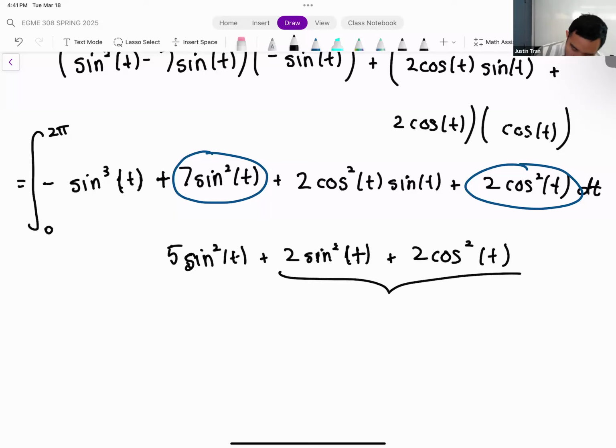Okay. We know one of the most famous trig identities, the one that's my favorite, the one that's easiest to use, is that sine squared plus cosine squared is equal to 1. And so this is going to combine to 2. Okay. Right, so that's one way that you can at least simplify it a little bit.